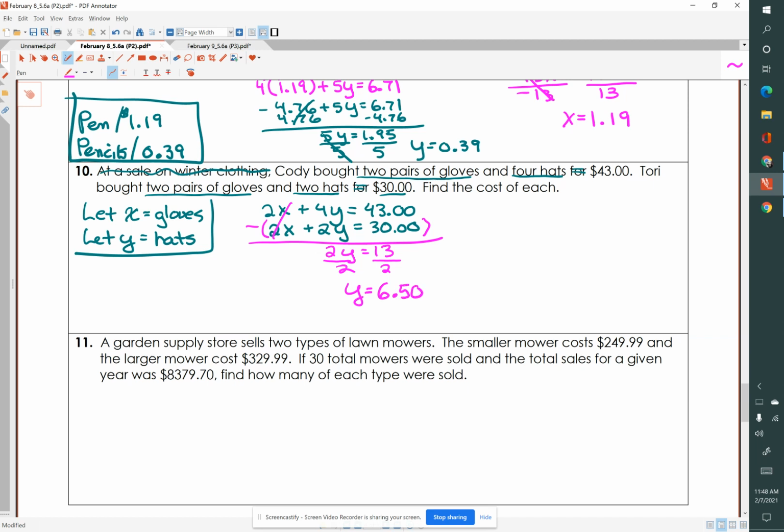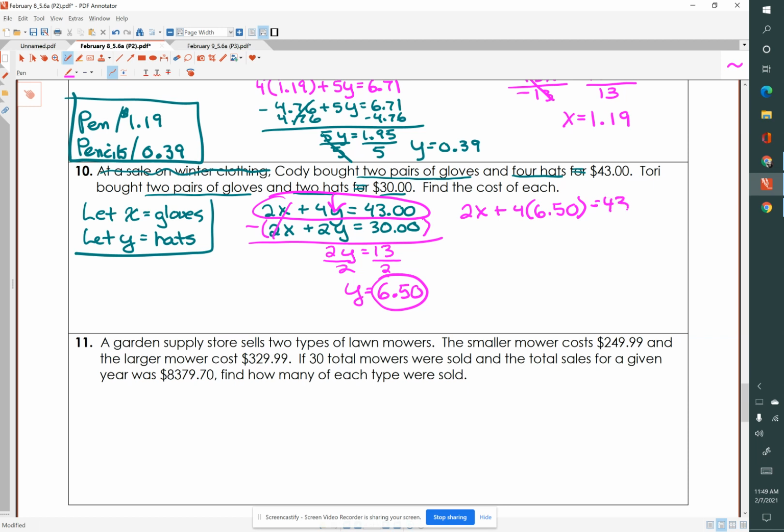I'm going to go ahead and add the zero since we're talking about money. And I think I'll just use the original first equation here, and I'll substitute the $6.50 for y. So I've got 2x, I'll solve for x so I can find out how much the gloves are, plus 4y, which is $6.50, equals 43. We could use the second equation, but I'm going to go ahead and use the first equation.